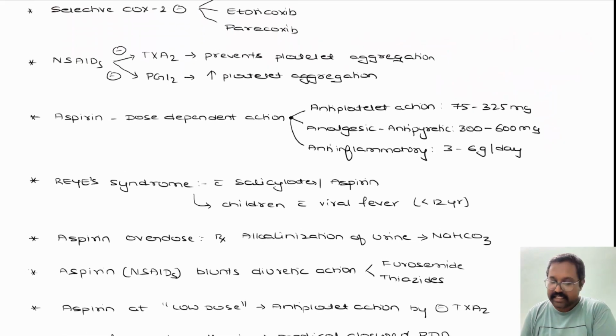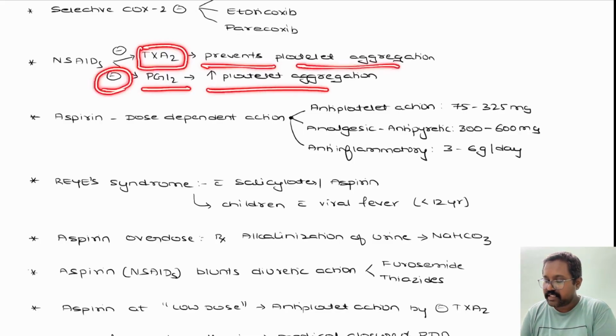We have NSAIDs. Since they inhibit thromboxane A2, they prevent platelet aggregation, and since selective COX-2 inhibitors inhibit prostaglandin I2, they increase the risk of platelet aggregation. This is the reason for selective COX-2 inhibitor drugs. So these are the properties exhibited by the selective COX-2 inhibitors.